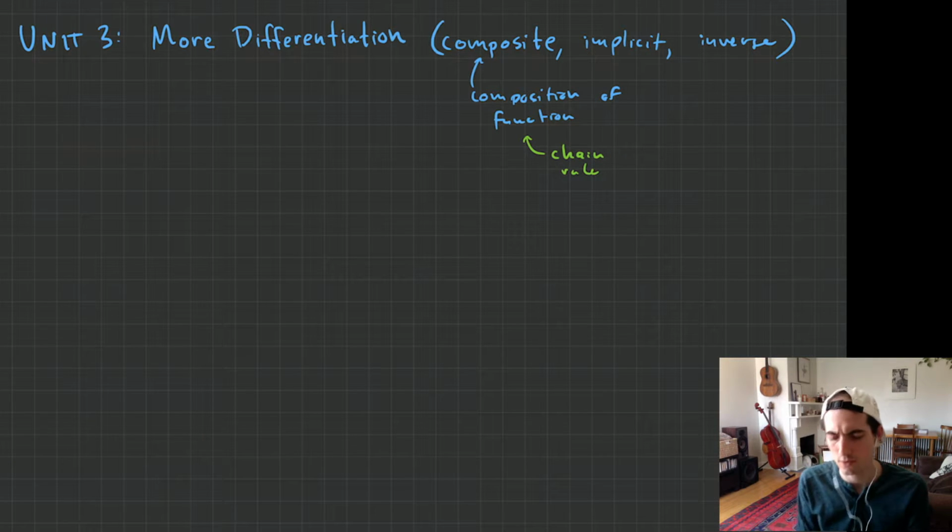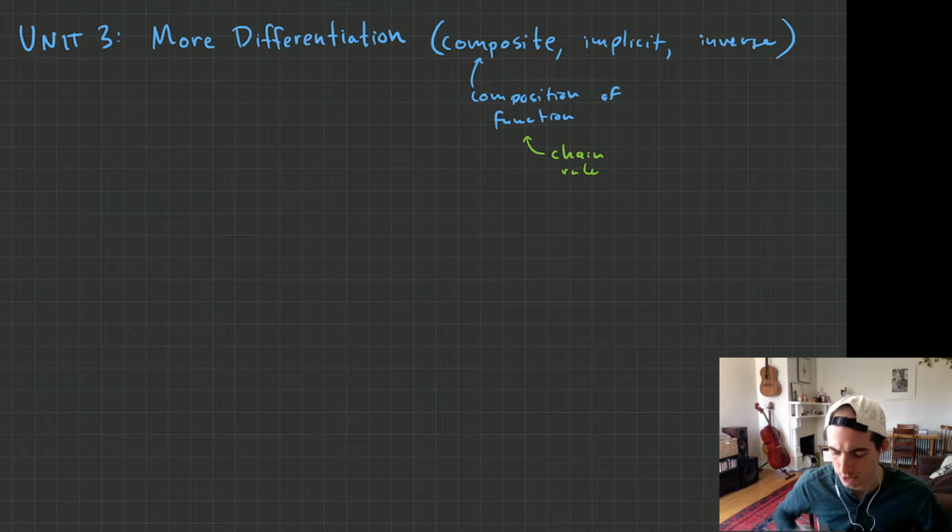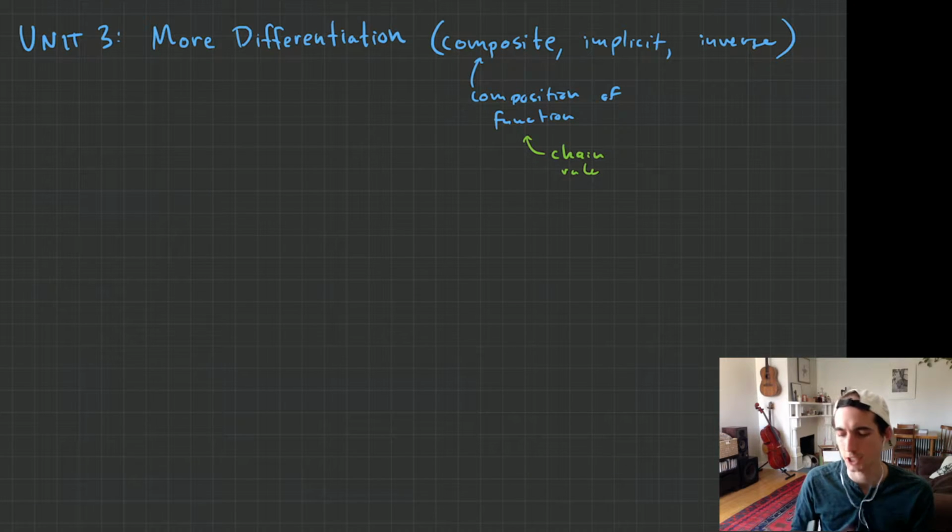So really, this first bit is the chain rule, which is the big topic in differentiation, right? If you don't know the chain rule, then you've got a lot to learn, because the chain rule is really the essence of differentiation. We also have implicit differentiation. That's where you're differentiating an algebraic equation, not necessarily a function.